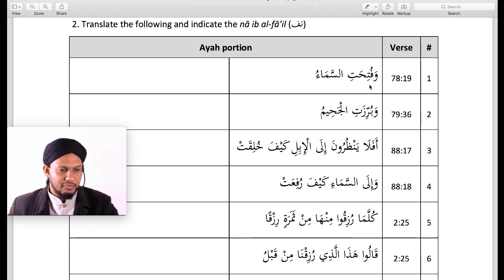So fataha means to open. What does fatahat specifically mean? Fatahat means she opened. What does futihat mean?